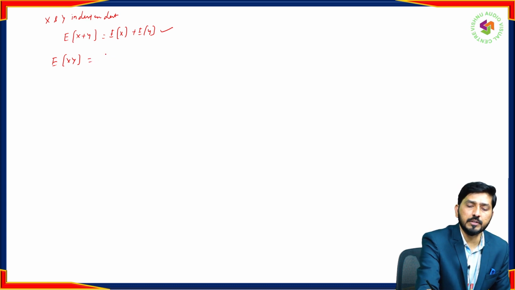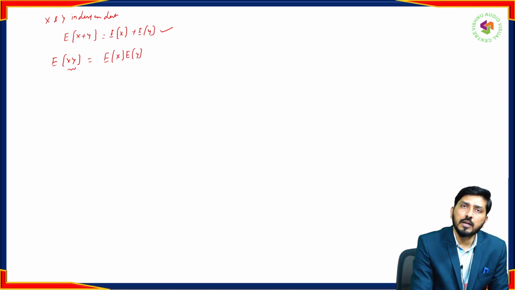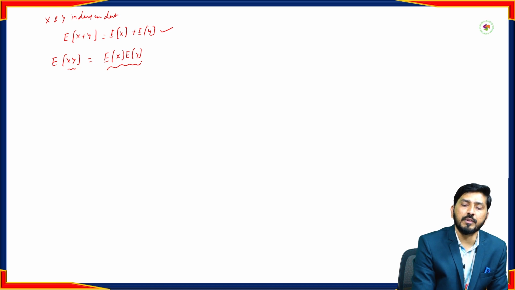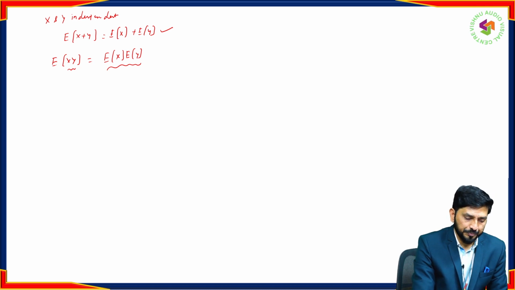Here expectation of XY can be written as expectation of X times expectation of Y. When these two are not independent, you are not allowed to write separately expectation of X and expectation of Y.